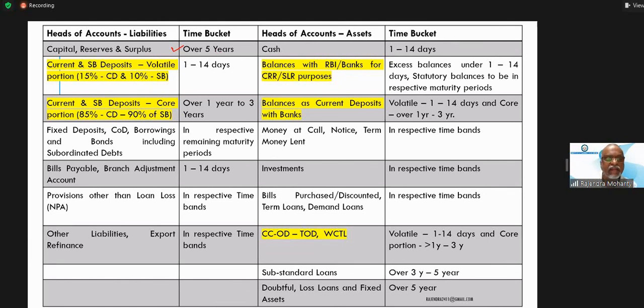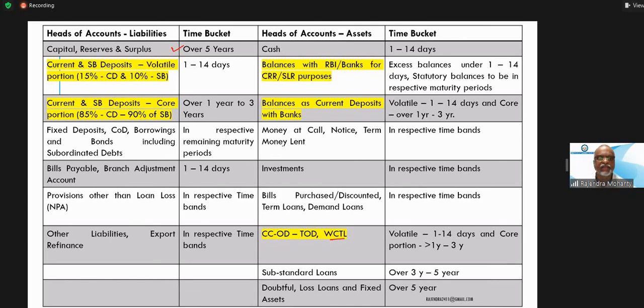Now, as regards current and savings deposits, as well as CCOD and working capital term loans on the asset side, or current deposit balances maintained in other banks, or balances with RBI or banks for CRR, SLR purposes.